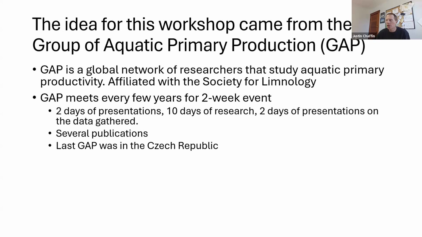Every couple years, the GAP group meets for a 2-week research event. It starts off with 2 days of presentations as if it was a normal conference. Then they do 10 days of research, normally at a field station. The last 2 days are presentations based on the data that they gathered during those 10 days.